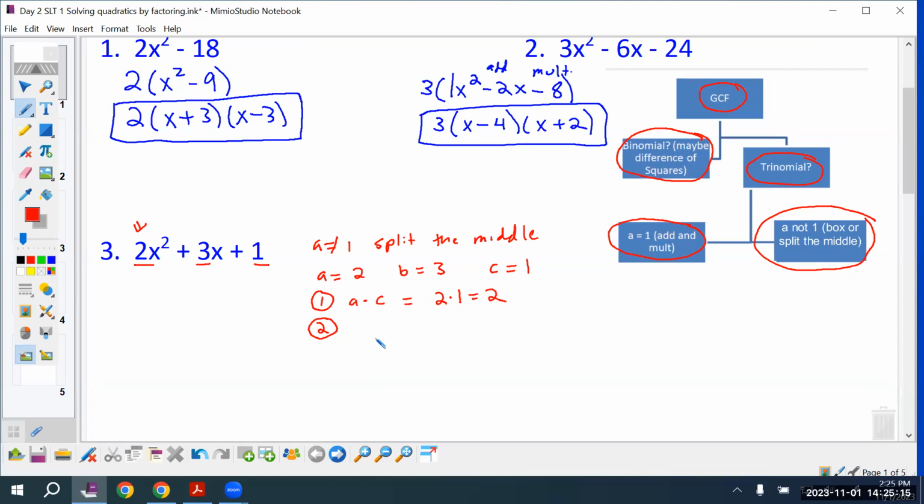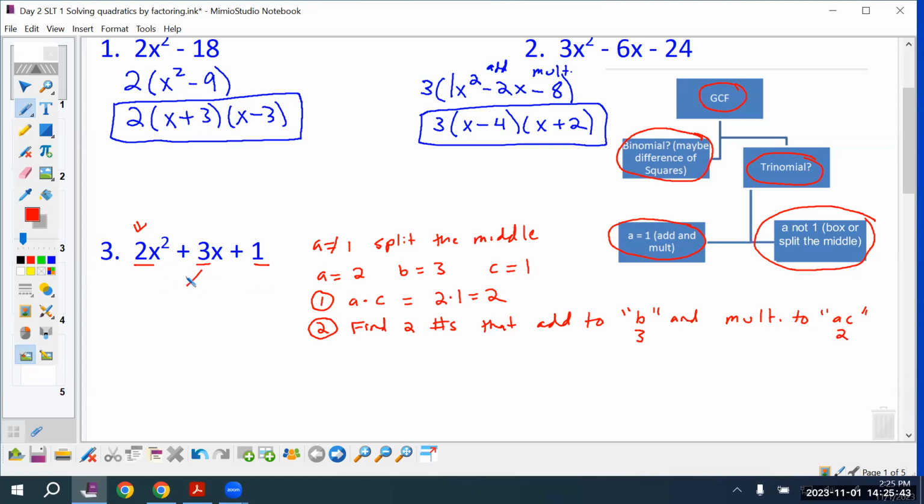The second thing we're going to do is find two numbers that add to "B", and I put the B in quotes so I know that I'm talking about B, which is 3, and multiply to AC. So in this situation, I'm looking for two numbers that add to 3 and multiply to 2, and that is obviously going to be 2 and 1.